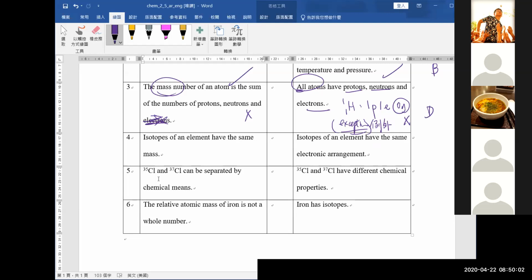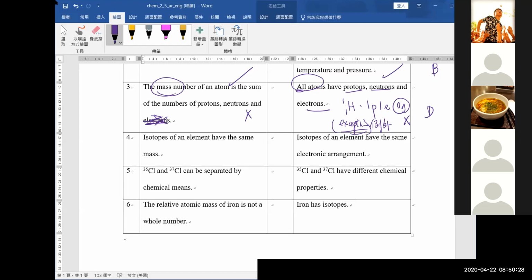Sorry, statement 1 is correct or not correct? 1 correct, 2 not correct. Oh, the first one. The first one is correct. Second one is not correct. So which choice is it? A, B, C, or D? Or neither? No, none of them.